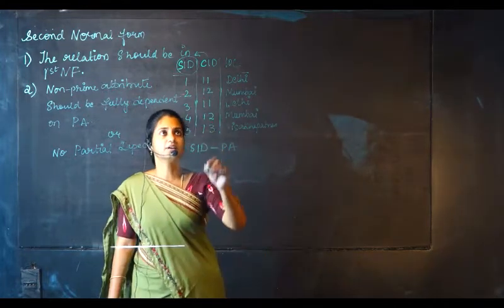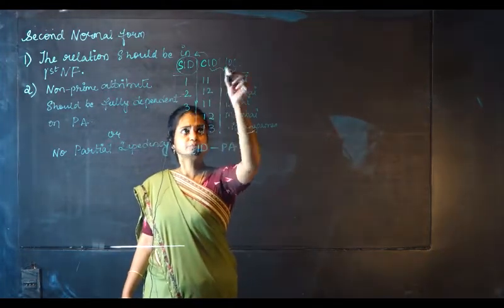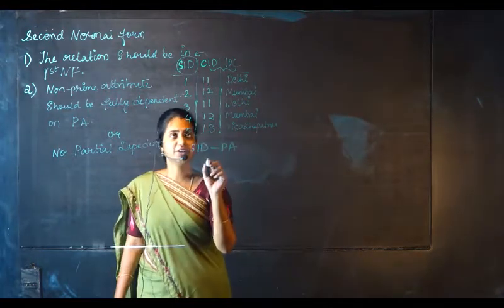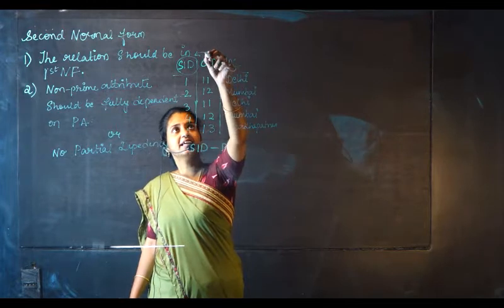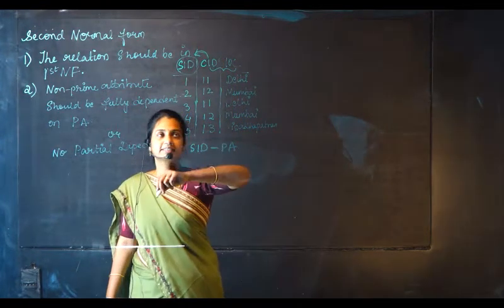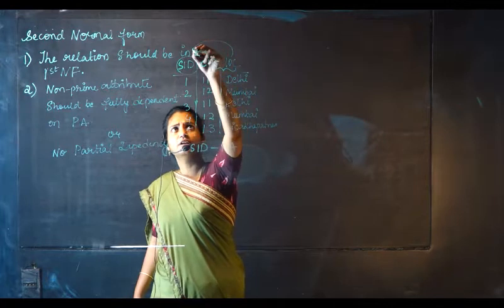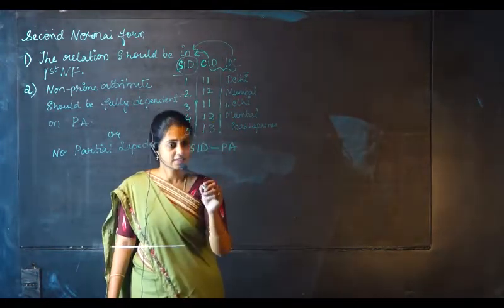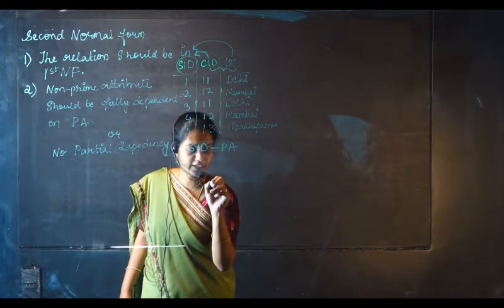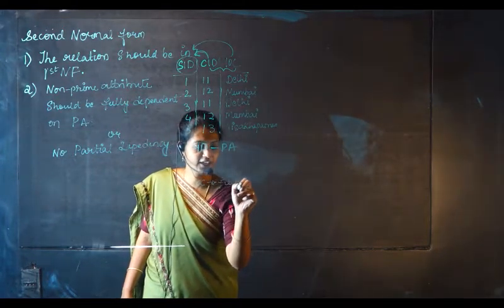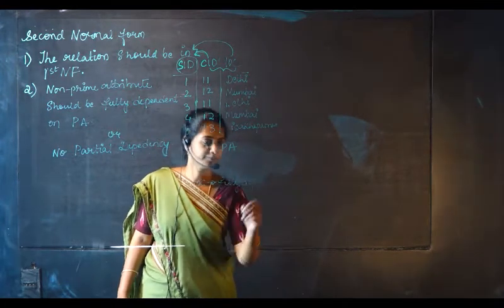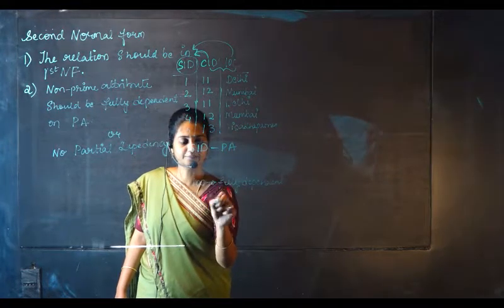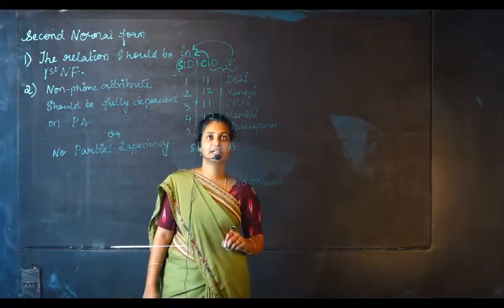So we have the other two attributes, CID and location. Now can you say that CID is fully dependent on SID and location is fully dependent on student ID? Location is fully dependent on SID.